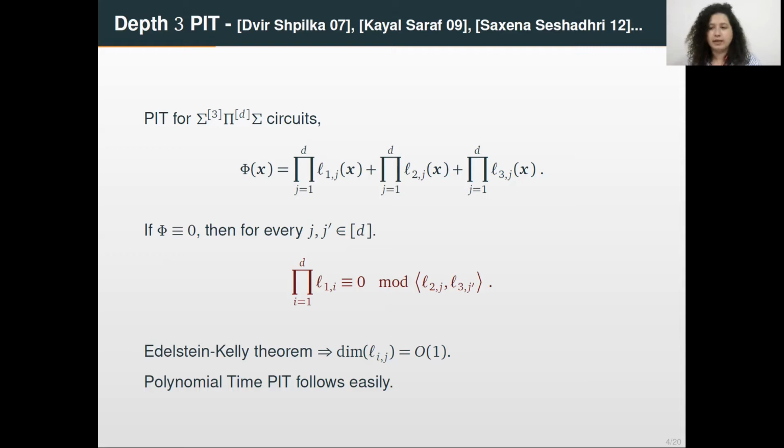This essentially means that the circuit only relies on a constant number of variables. And then you can devise the PIT algorithm quite easily, because you can, in some sense, just brute force your way into a non-zero evaluation. So this is the main idea behind depth-3 PIT.